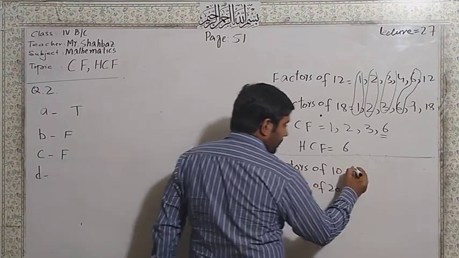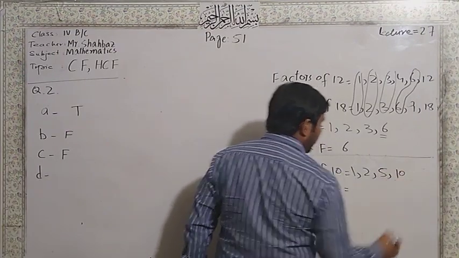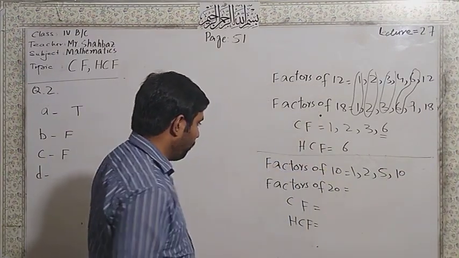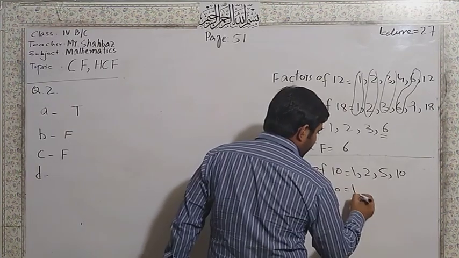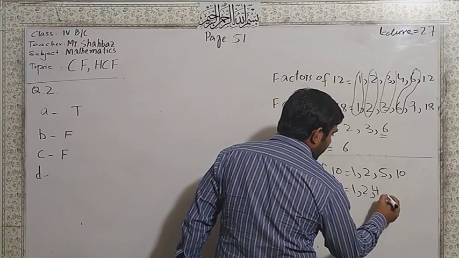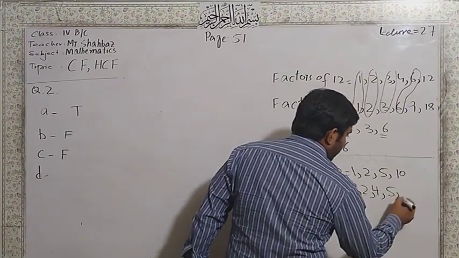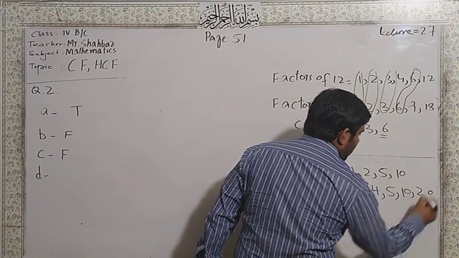Factors of 10: 1 10 are 10, 2 5s are 10, 5 2s are 10 and 10 1s are 10. And then the factors of 20: 1 20s are 20, 2 10s are 20, 4 5s are 20, 5 4s are 20, 10 2s are 20 and 20 1s are 20.